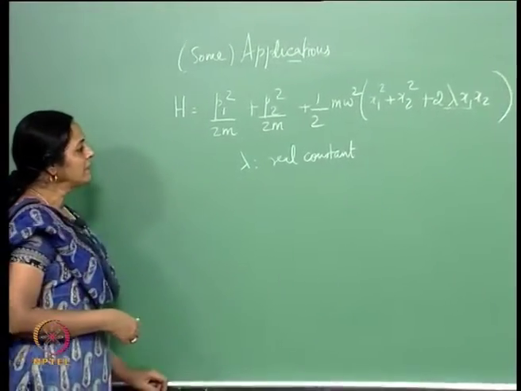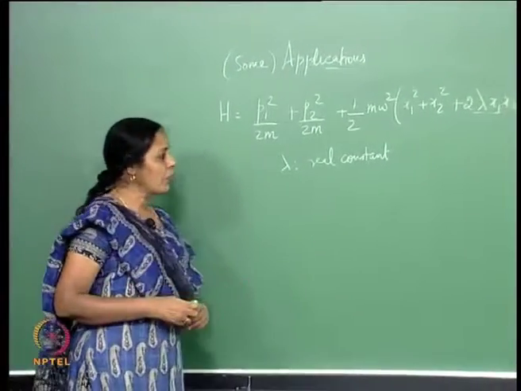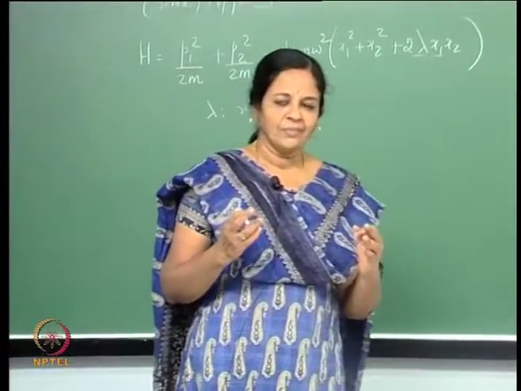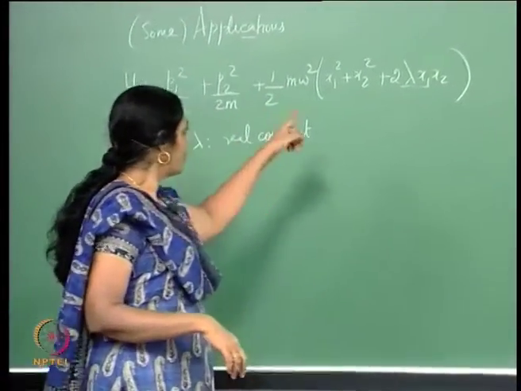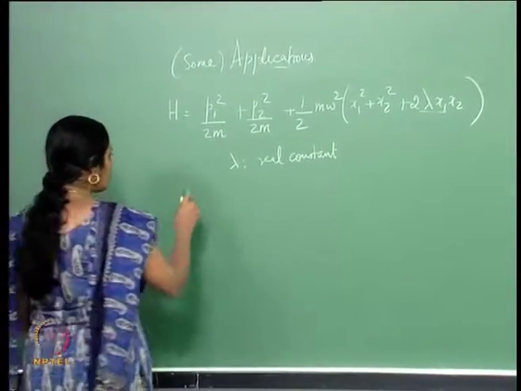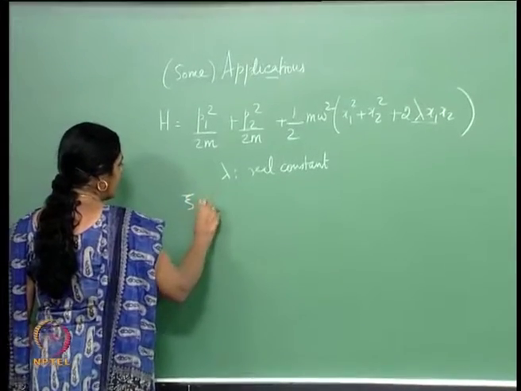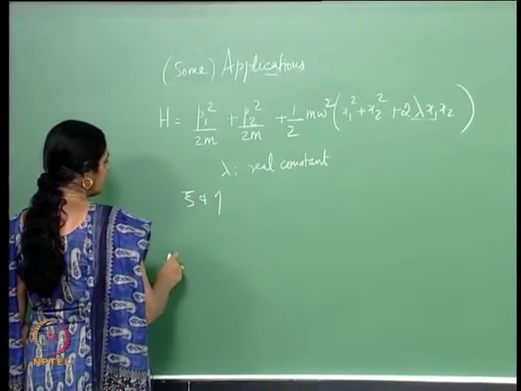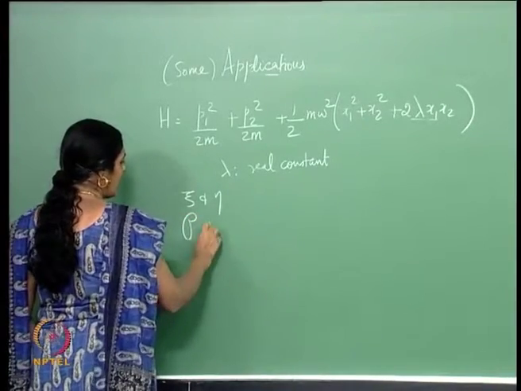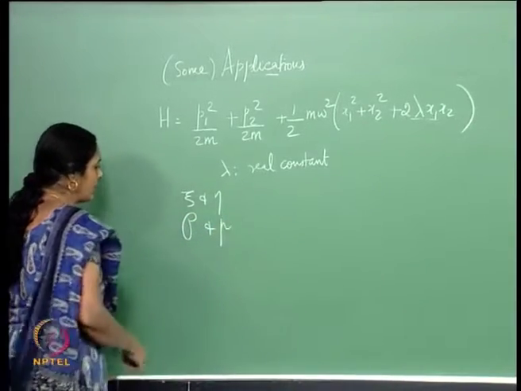Now my aim is to make this problem appear simpler, in the sense that I would like to decouple this into two oscillators with coordinates, say zeta and eta, and corresponding momenta p and, shall we say, little p.